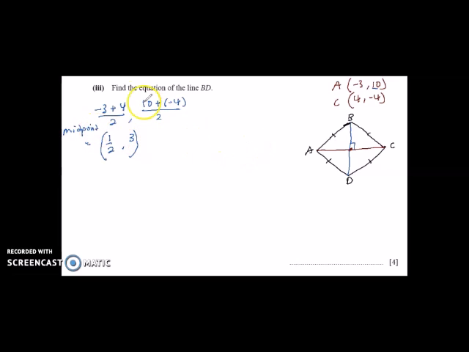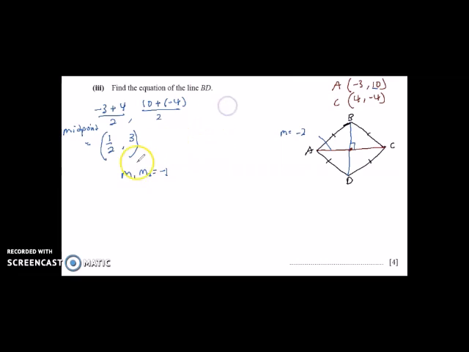Now, the gradient that we got for AC in the previous calculation is negative 2. So now we are going to find the gradient for BD by using m1 times m2 equals negative 1.